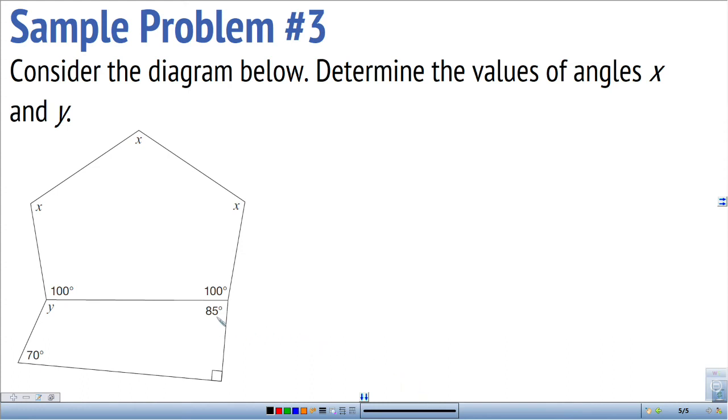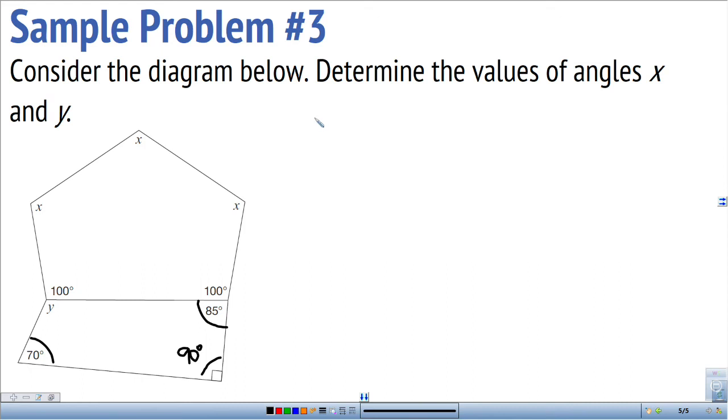So the first thing I can see here is, well, I know for angle y here, I know this angle is 85 degrees, this is 70 degrees, and this here is 90 degrees. Okay, so again, if I know 3 out of the 4 angles in a shape, then I can find the fourth one.